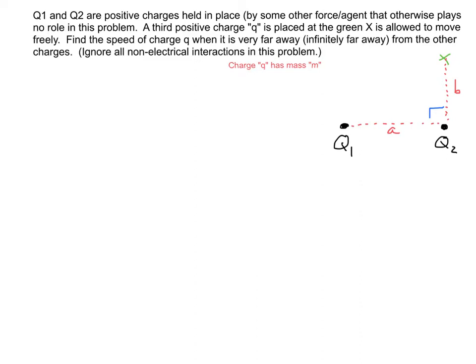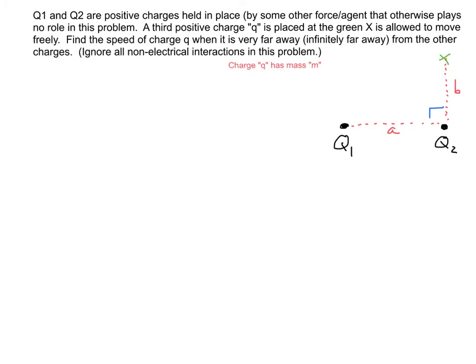Now, we're told to ignore all non-electrical interactions in this problem, so that basically leaves the interaction of Q1 with the little charge q, and Q2 with the little charge q. Of course, Q1 and Q2 are interacting with each other, but not a lot's changing there. Great. So we can consider this system of Q1, Q2, and the little charge q that we place right here to be an effectively isolated system for energy purposes.